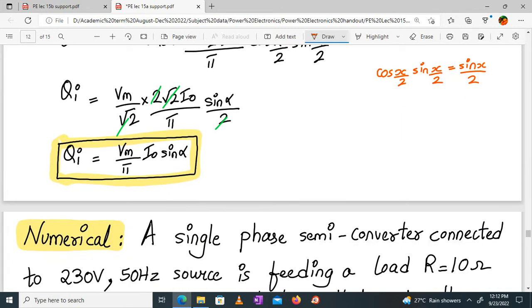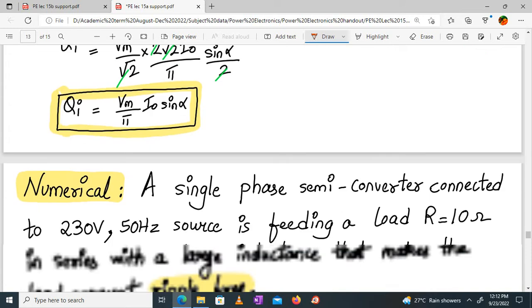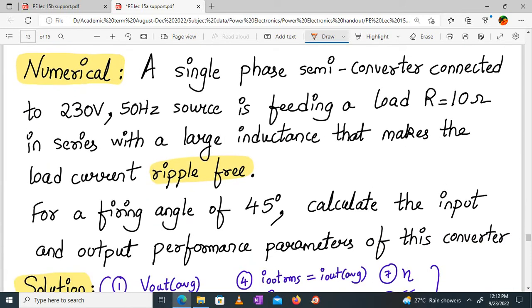So write down the numerical. A single phase semi-converter is connected to a 230 volts 50 hertz source. It's written on the board.